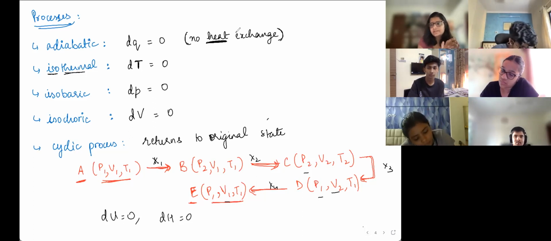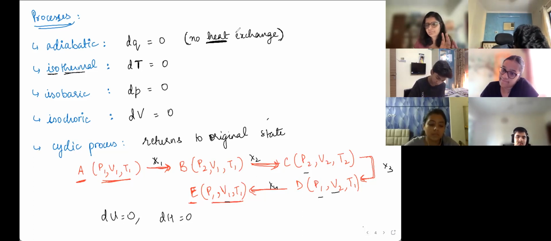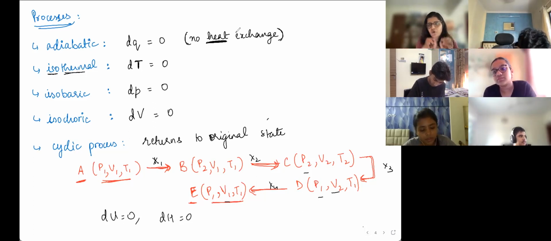Internal energy is basically temperature change, so some energy change happened. So where did that energy change come from? Either it could have come from heat energy, or it could have come from work done, either on the system or by the system, right?